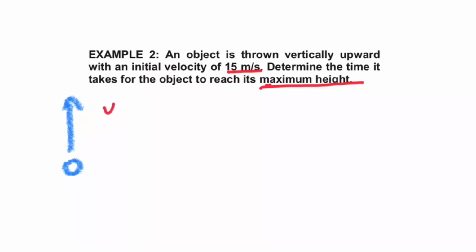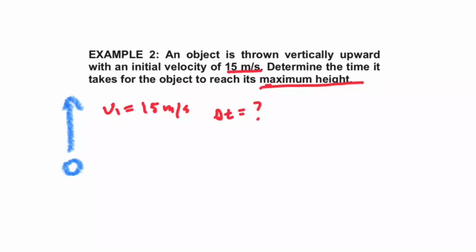So we have Vi equal to 15 meters per second. We want to find the time it takes for the object to reach its maximum height. So delta t is what we are interested in.